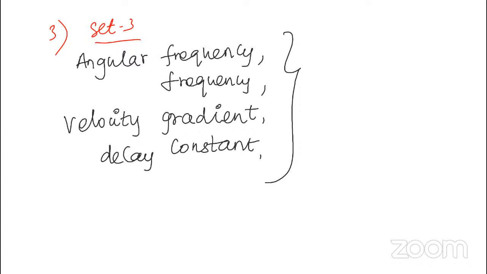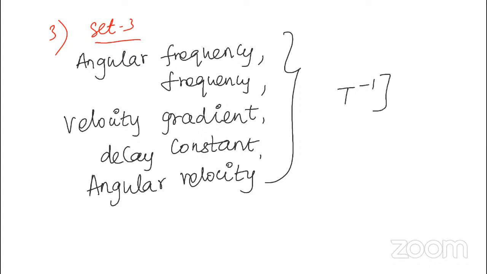And angular velocity here, right? Angular velocity is also T power minus 1. Okay, right, good. Then set 4.